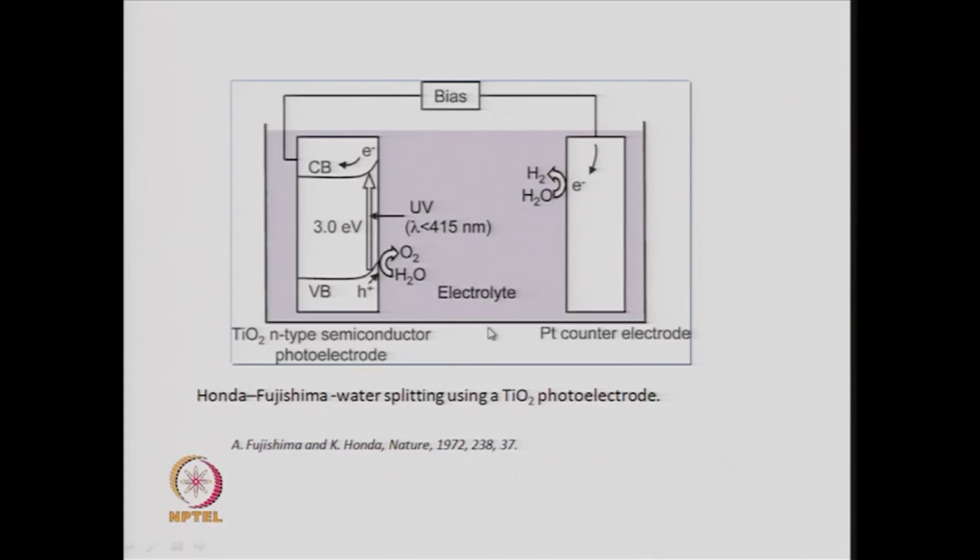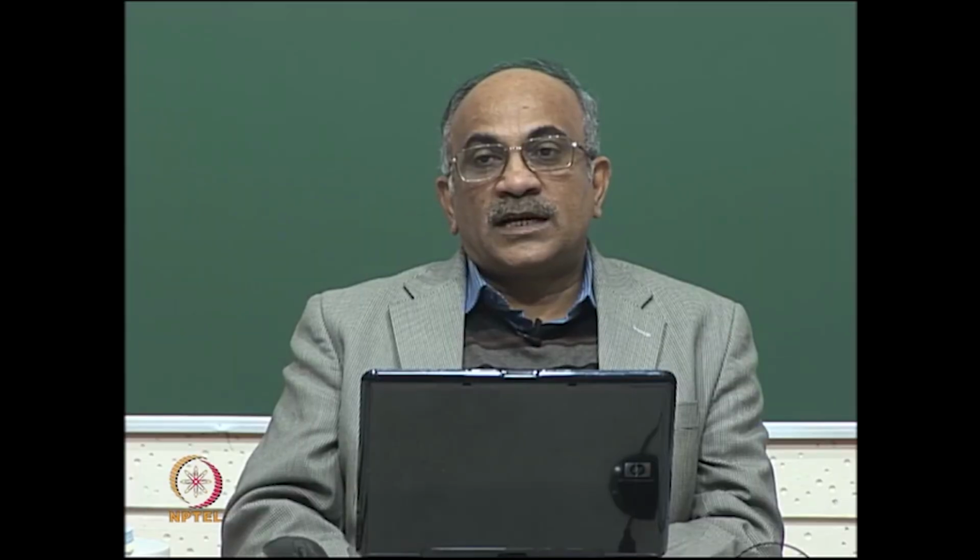Now, this is a typical electrochemical cell which was used by Fujishima and Honda to show that titanium dioxide is a semiconductor which can act as a photocatalyst and can split water, and this semiconductor is used as a photoelectrode.